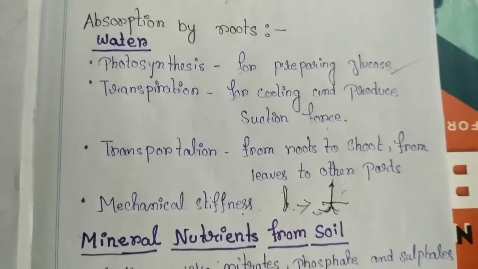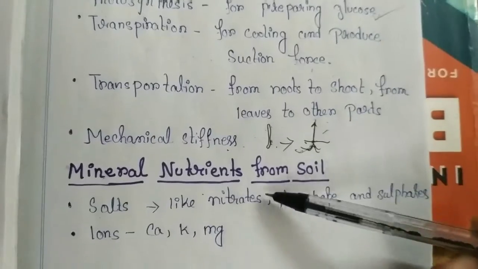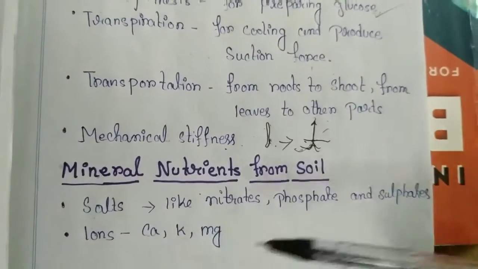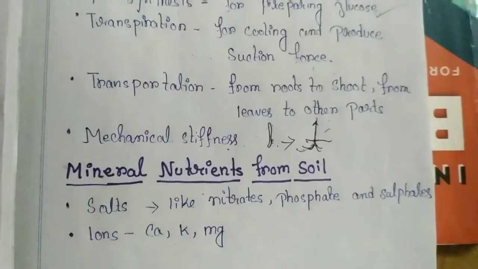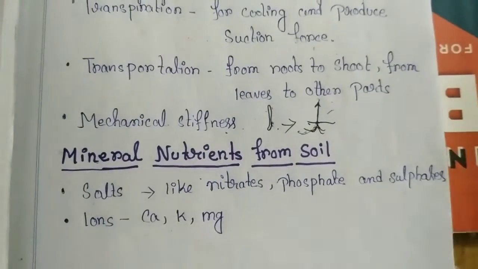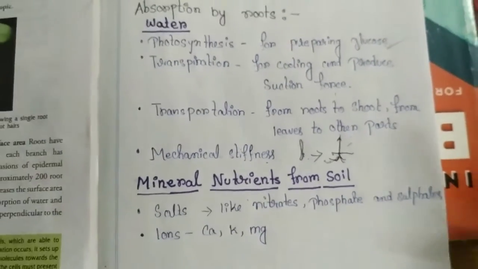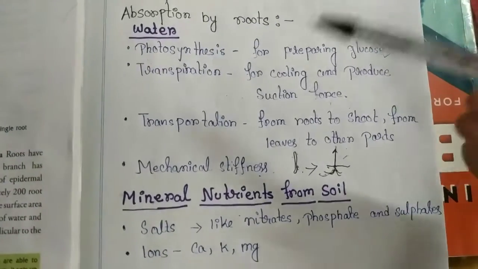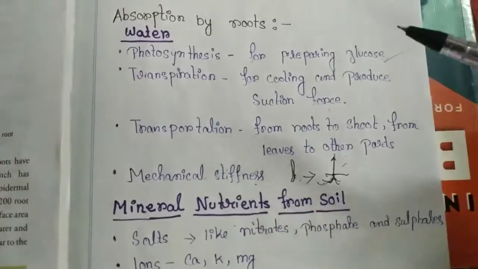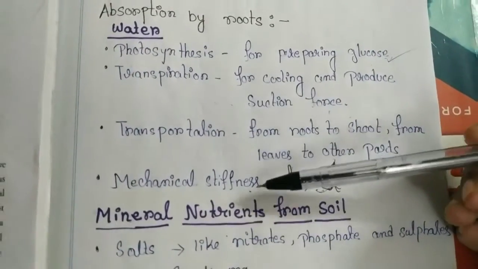Now moving on, there are a few minerals and nutrients from the soil also, like nitrates, phosphates, sulfates, iron, calcium, potassium and magnesium, which are required for the plant to grow and to perform various functions. So again, water and minerals are needed for the plant body for photosynthesis, transpiration, transportation and mechanical stiffness.